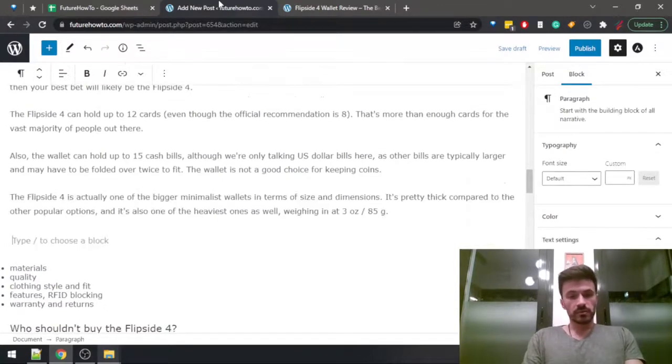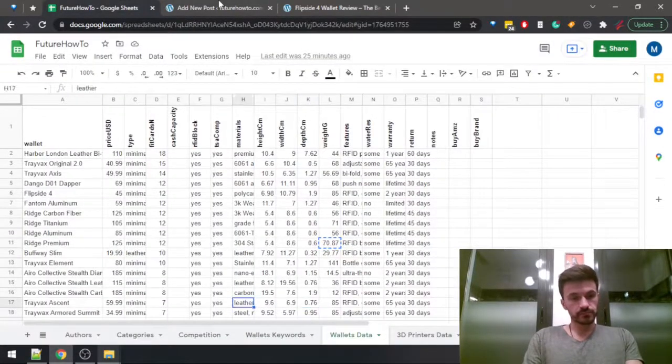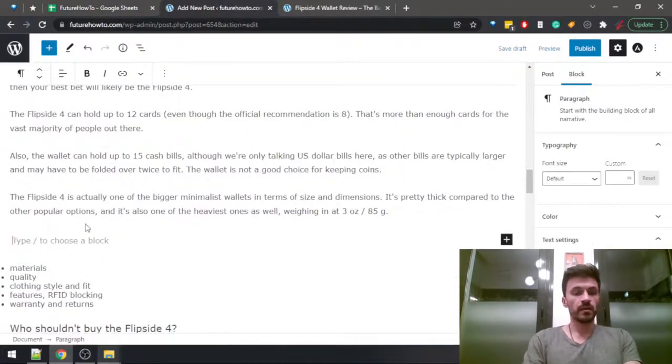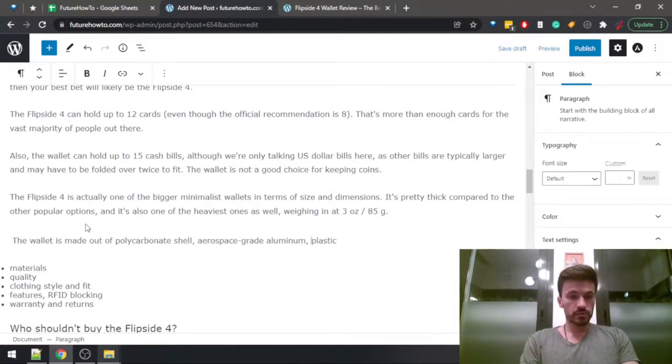Let's talk about materials and quality. So, Flipside 4, polycarbonate shell, aerospace grade aluminum. The wallet is made out of polycarbonate shell, aerospace aluminum, and some plastic for the auxiliary parts.